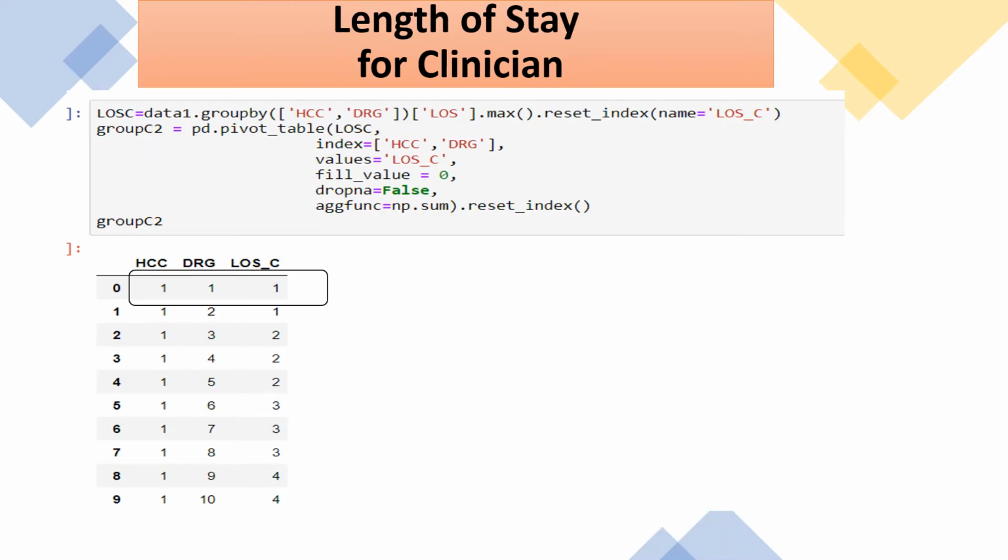In this slide also, I wanted to see in the clinician group with different HCC and DRG, how many days is the length of stay. For example, with HCC1 and DRG1, we have just 1 day length of stay.